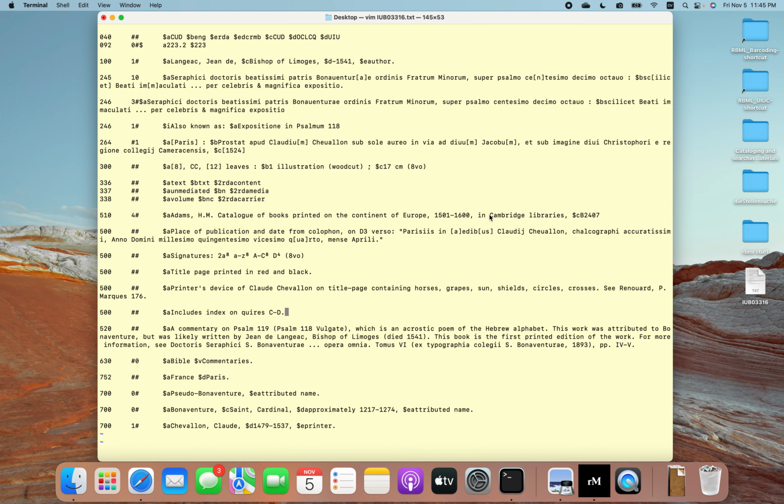Yes. So, Catalog of books printed on the continent of Europe, 1501 to 1600, in Cambridge libraries. And in that book, it's number B2407, because that's just the number they gave it. We can note that there's a title page printed in red and black. That's just a description that sometimes they think is important.